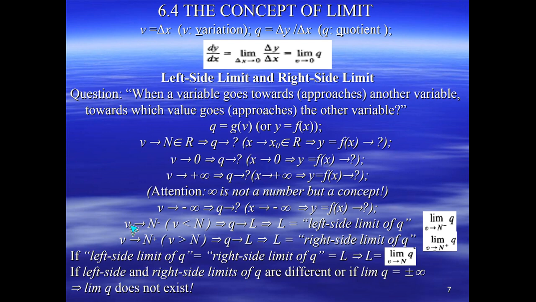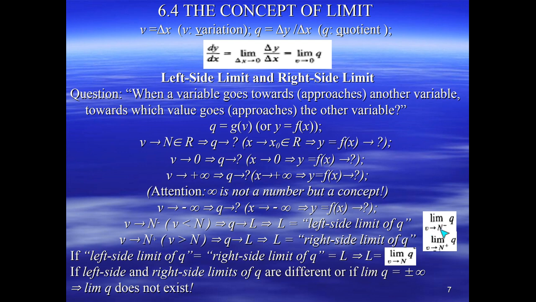So when v goes to n from smaller values, n minus it is called. When v is less than n, but it augments towards n, then where does q go? To which value L does q go? The answer is the left side limit of q. L is the left side limit of q, which is the limit of q when v goes to n minus.